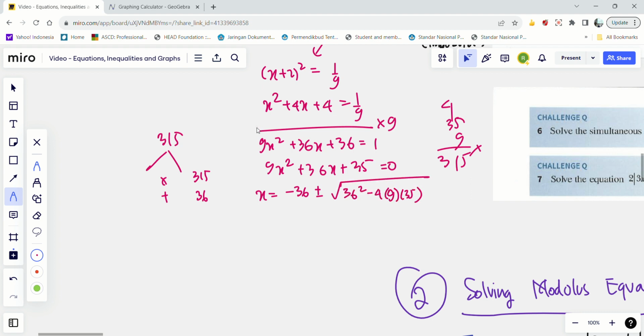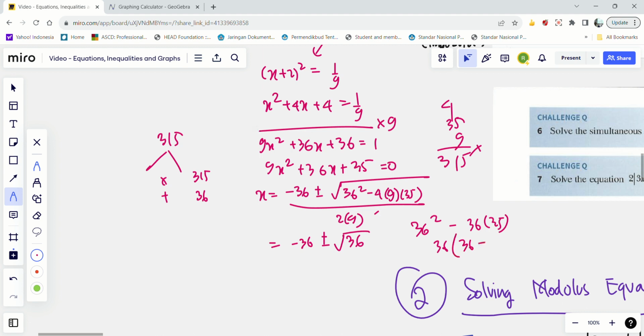So then we can use the calculator directly by using this method. Anyway, so 2 times 9. Then you can use a calculator for this directly. Unfortunately, I don't have one with me. So apparently it will be 36 only. It seems like, so 36 squared minus 36 times 35. So I can make it 36 minus 35, so apparently it's just 36.